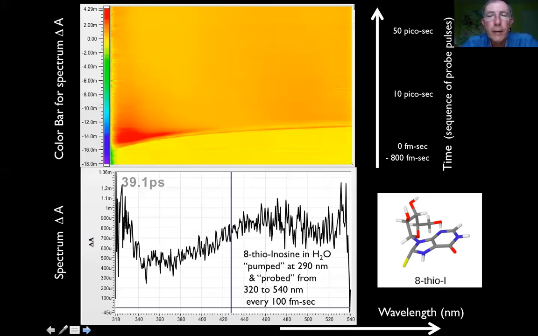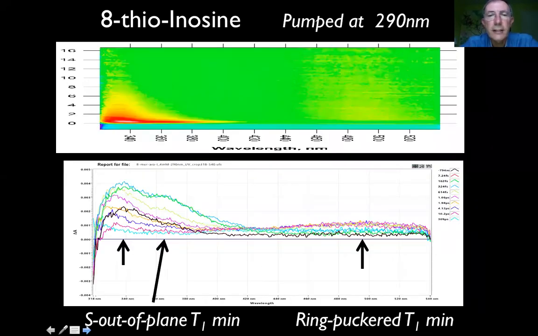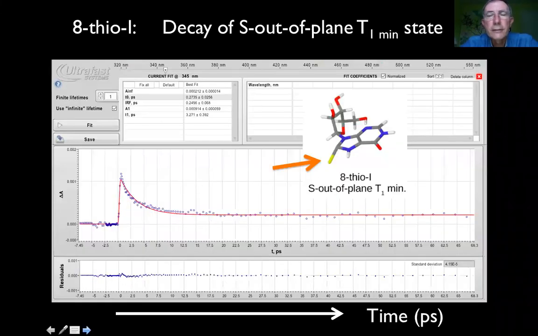We actually pump and probe, and we get these spectra and see how long they stay in the excited states and in which excited state. And this particular one has a conical intersection. So all the excited states disappear within picoseconds, not nanoseconds and microseconds, but picoseconds.